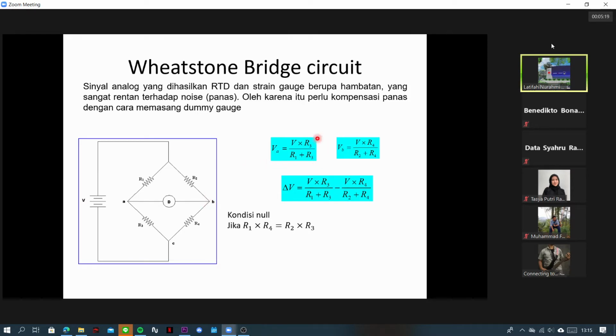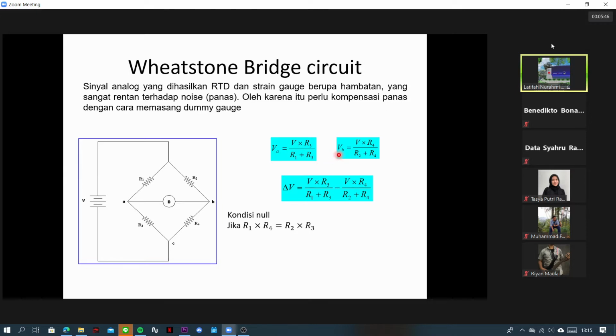The voltage at A is equal to V times R3. VA is simply the output voltage, with V coming from the reference. So V times R3 divided by R1 plus R3.